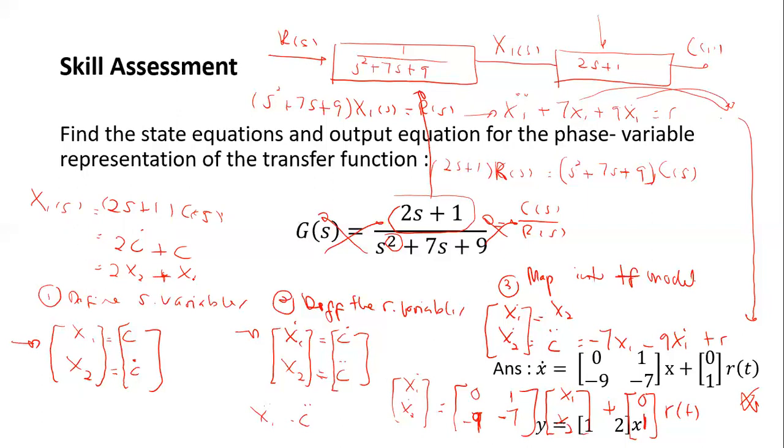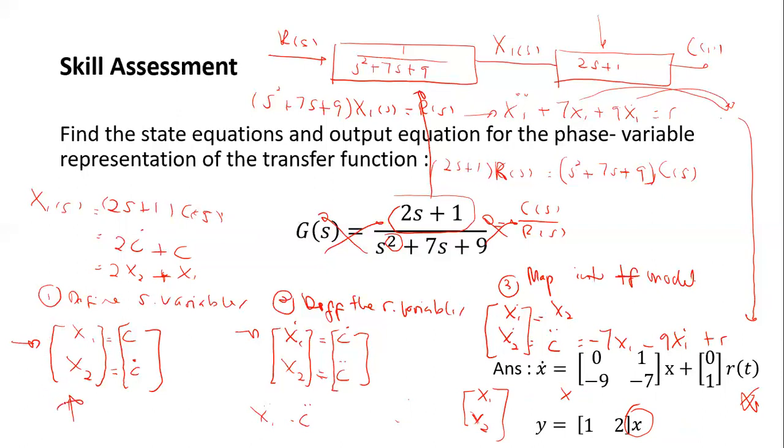So the key point here is you have to keep the state variables in such a way, X1, X2, in the form as we have defined in the state variables.